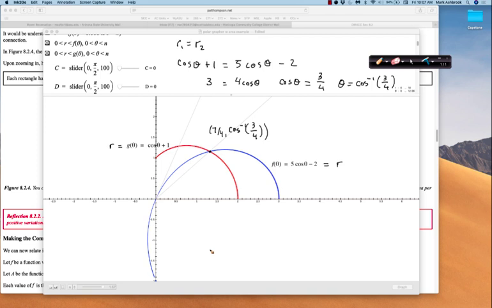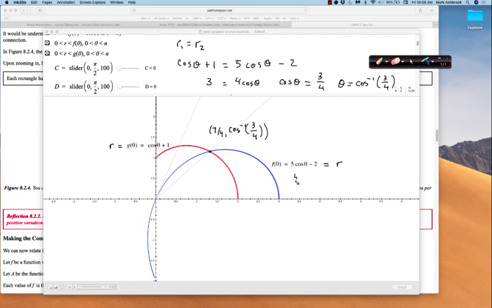Maya, what do you think? What's true about this point right here where f of theta goes through the pole? R equals 0. So how can I find that angle then? That's right, r equals 0. So to get that angle, what will I do?